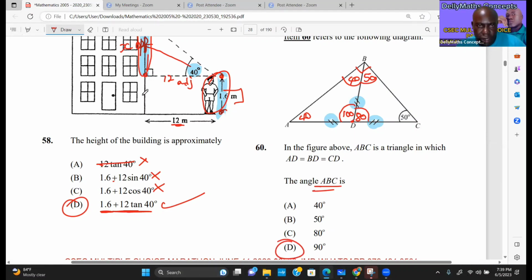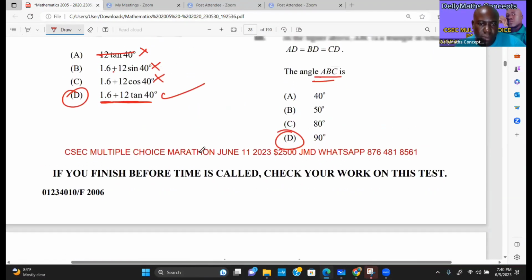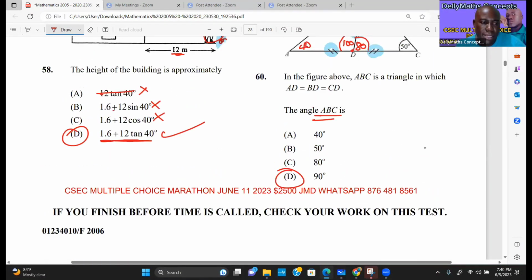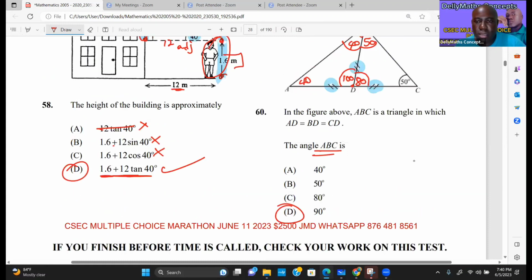All right, guys, there it is. Well done. Just taking the time out to remind us, get yourself ready. I'm going to send out these papers on June 7th, right?